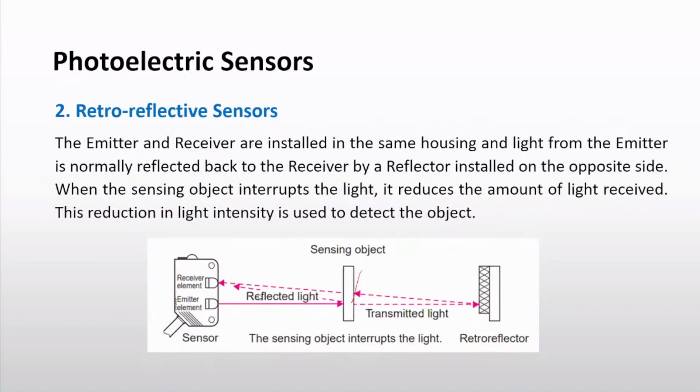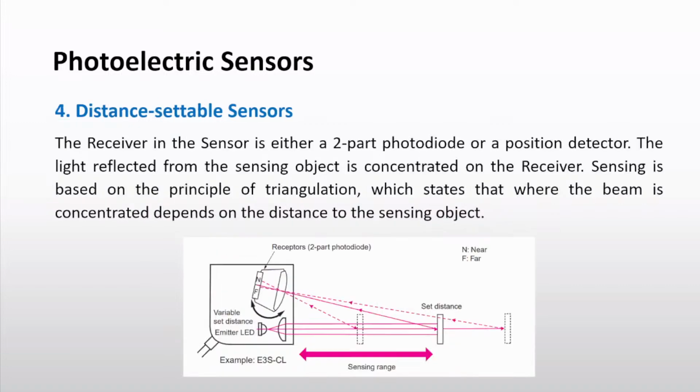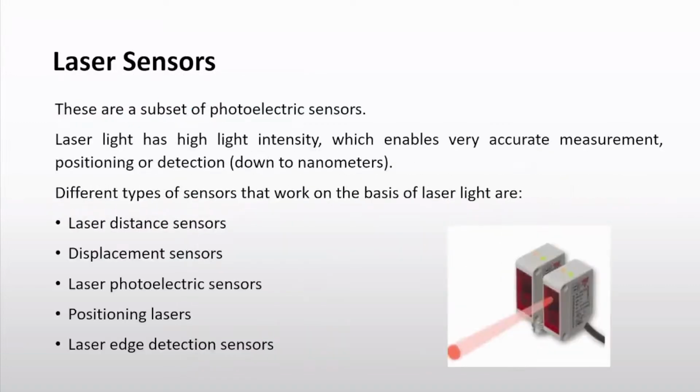When we are using the laser sensor, the only difference is that the emitted light is not a normal light, it is a laser light. Okay. Now tell me, as you know about laser lights, what are the advantages, or what are the qualities of a laser beam compared to a normal light beam?